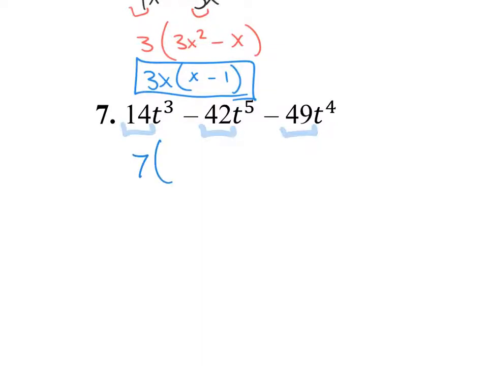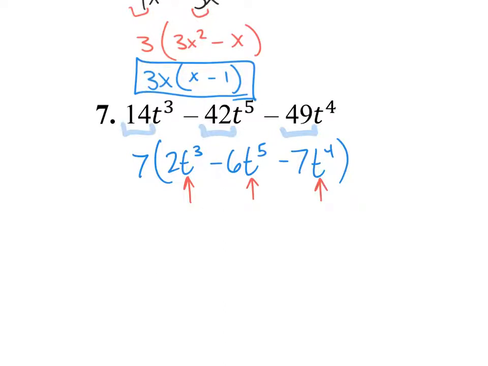So when I do this, we'll get 2t cubed left over, minus 6t to the 5th, minus 7t to the 4th. And now I know that I've divided out the largest number because 2, 6, and 7 don't share any common factors.